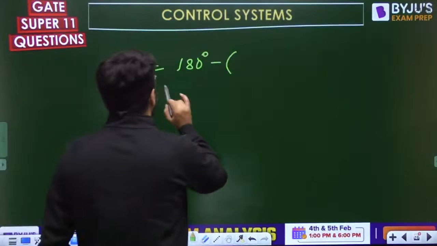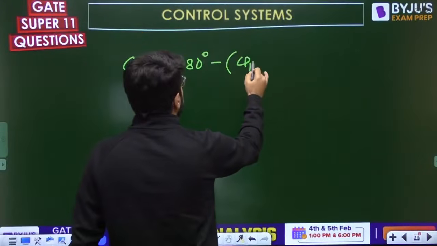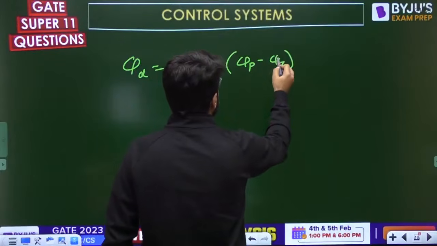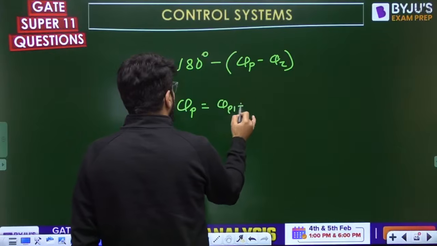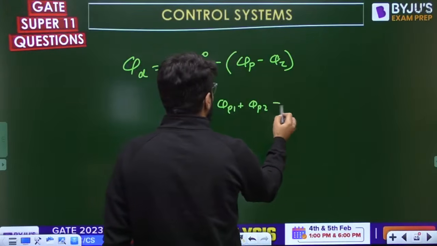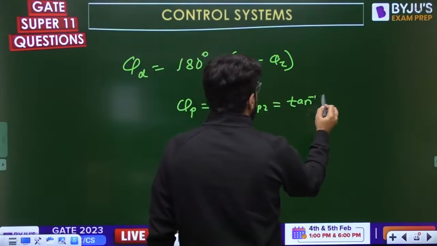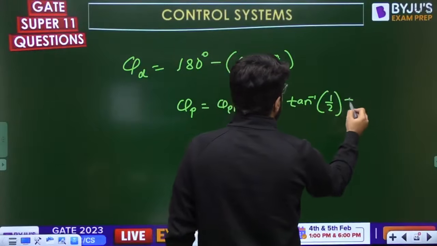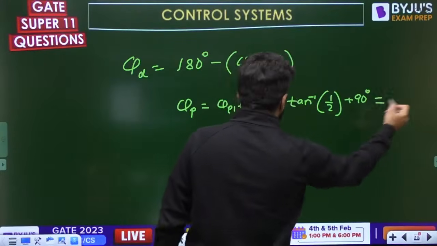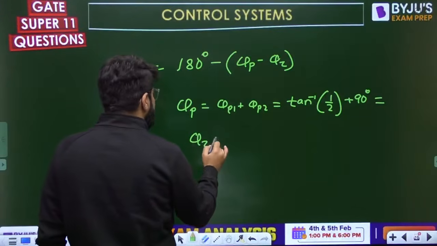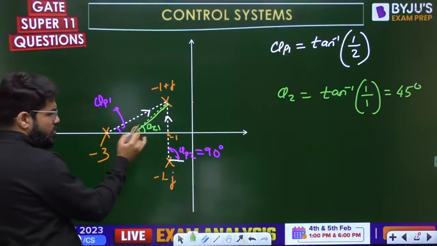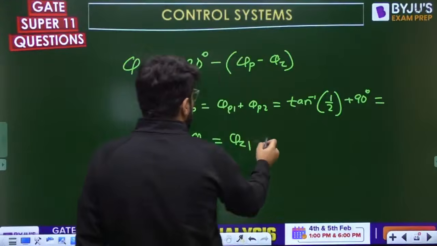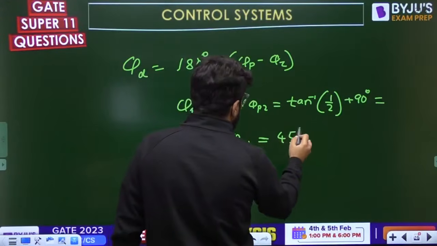So we'll apply the regular root locus formula: 180 degrees minus of (phi p minus phi z), where phi p is the sum of angles subtended by all other poles, that is phi p1 plus phi p2. Phi p1 is tan inverse of half, phi p2 is 90. I'll soon calculate and write it down. Phi z is the sum of angles subtended by all the zeros, but there is only one zero whose angle was phi z1, and that was 45 degrees.